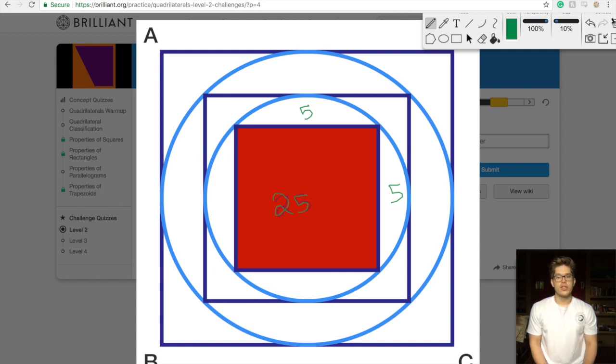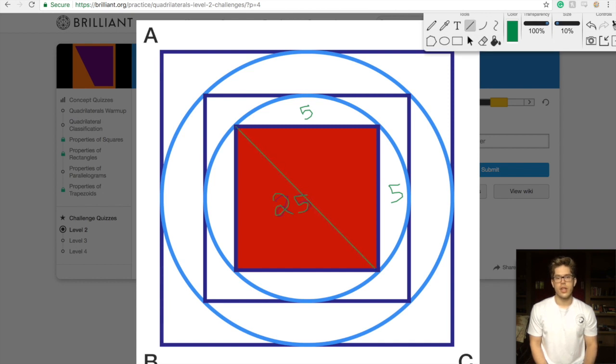What about our next square? Well, the diagonal of our square is the diameter of this circle. And the diameter of this circle is also the length of our next square. So that is key. That is key.